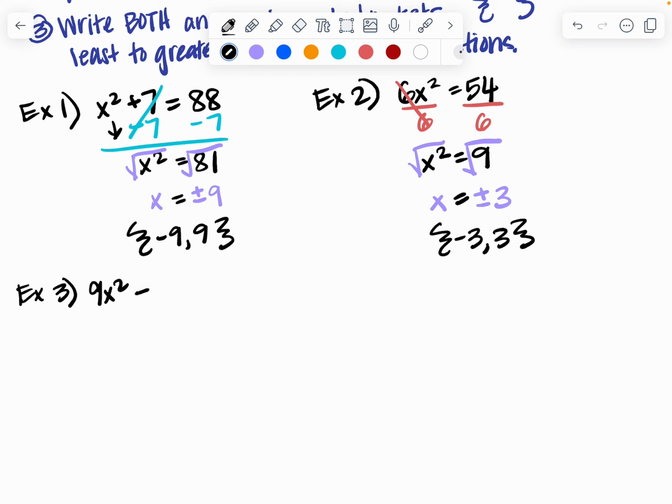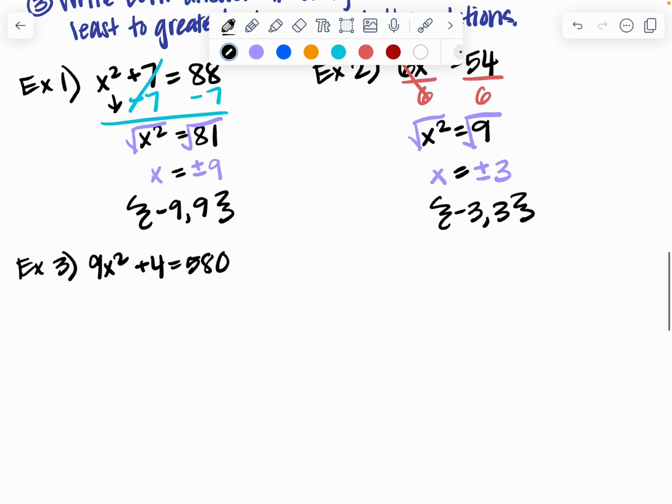Okay, 9x squared plus 4 equals 580. So first I will subtract 4. So now I have 9x squared equals 576. Then I need to divide by 9.